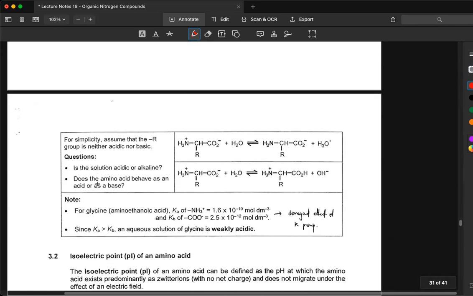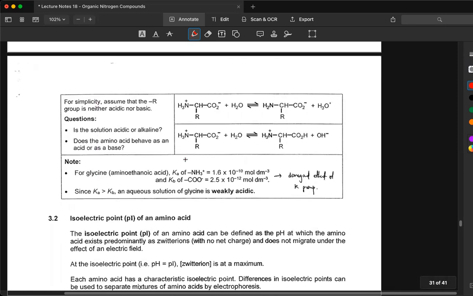For simplicity, assume that the R group is neither basic nor acidic, so we can just write the equation like this. Something like this will happen.